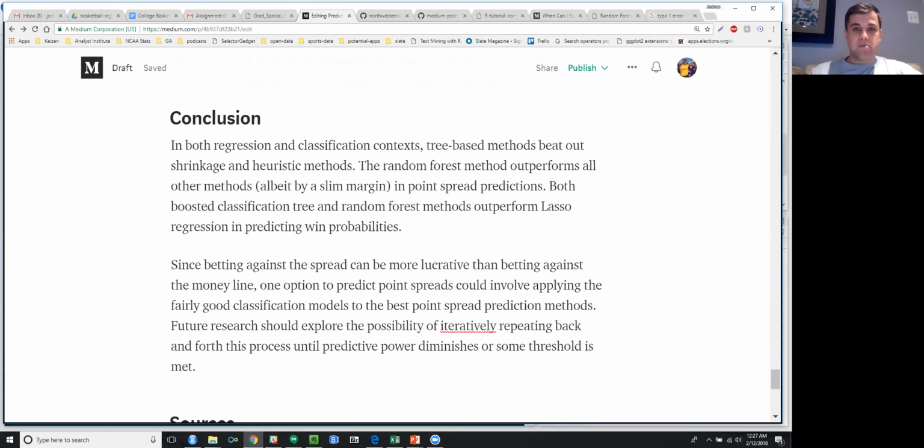I would like to go back and apply the predictions from my classification model back to the prediction model, and I have a theory that I want to test, doing that iteratively.